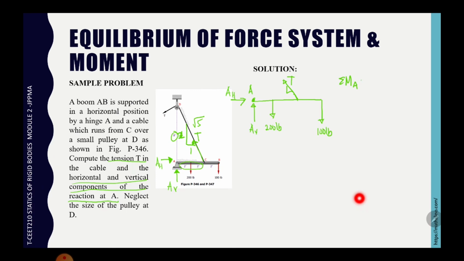So, summation of moment at A equal to 0 and positive yung clockwise. Kaya ang magiging formula natin is T. Yan, unahin natin si T. T times, kasi ito 2 ay at 1, kaya 2, tapos ito square root of 5 over square root of 5.